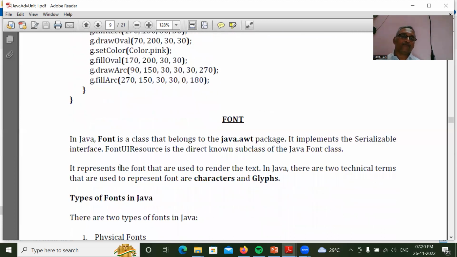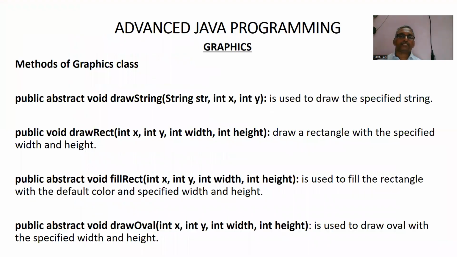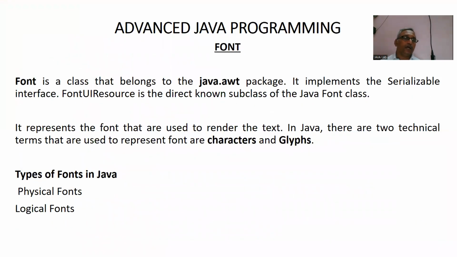Okay, next thing, font. Next, class Font. In Java, Font is a class that belongs to the java.awt package. It implements the Serializable interface. FontUIResource is the direct known subclass of the Java Font class.